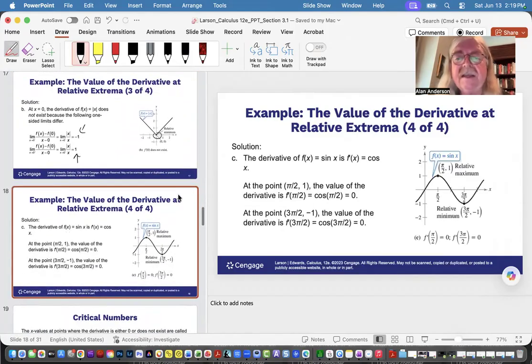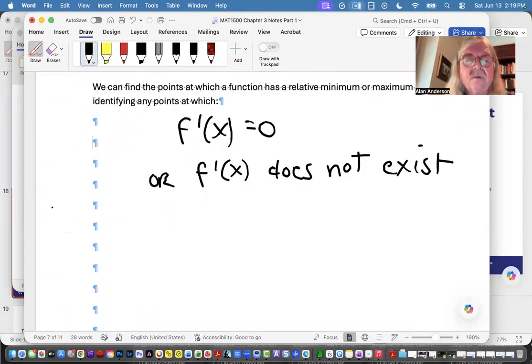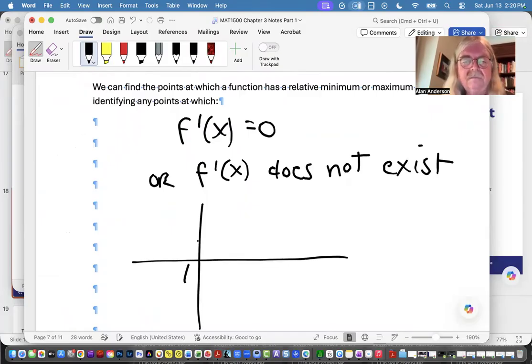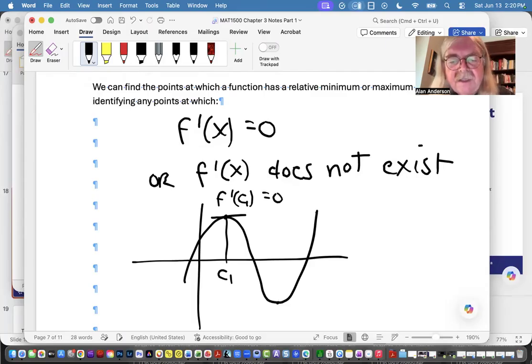Yeah, as I started to say, this is nice as far as it goes, but this would be true. Here's a function, and here we have f. Let's call this C1, and here's C2.